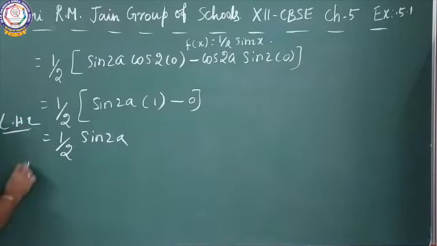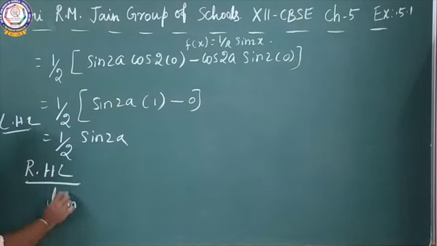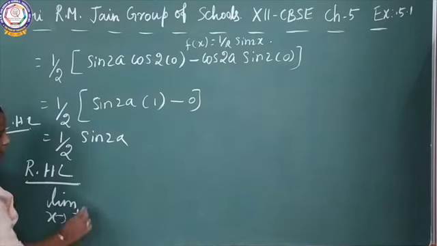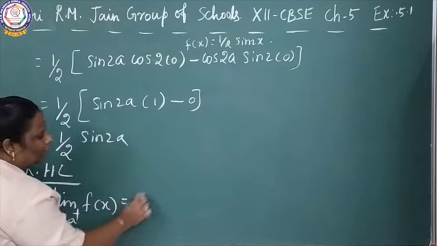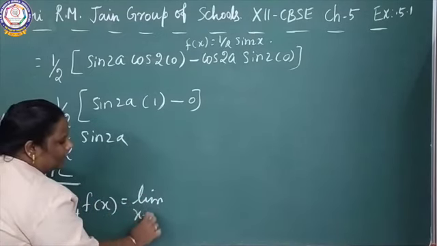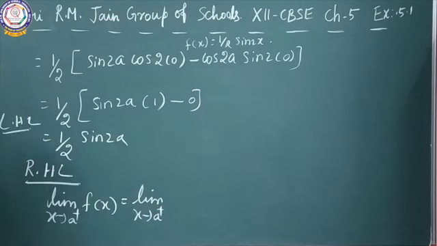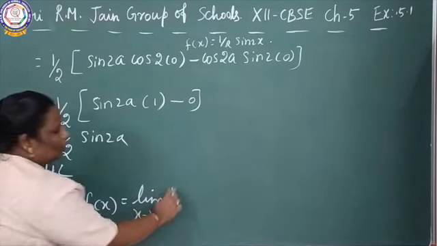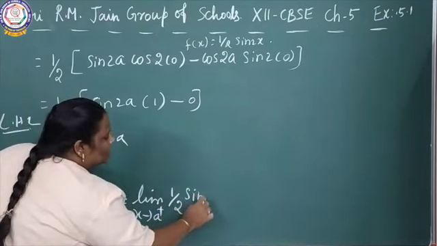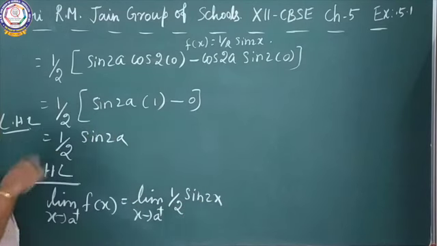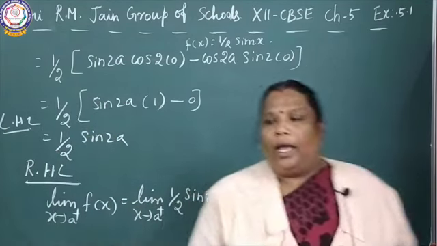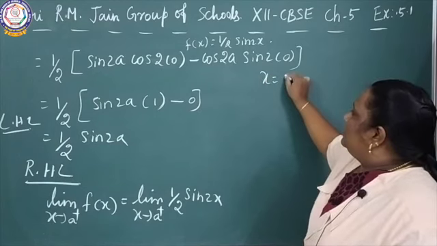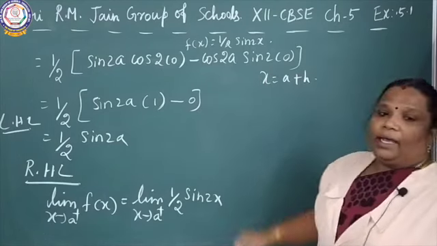You move on to the right hand limit. Limit x tends to a plus f of x. What is my f of x here? 1 by 2 into sin 2x. The next step, I move on to x tends to a. x is replaced by x equal to a plus h.